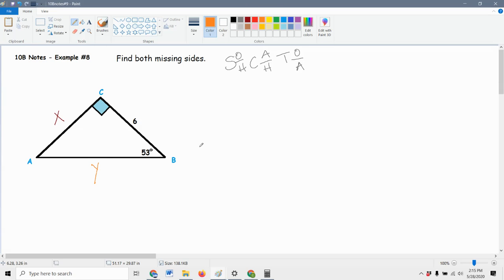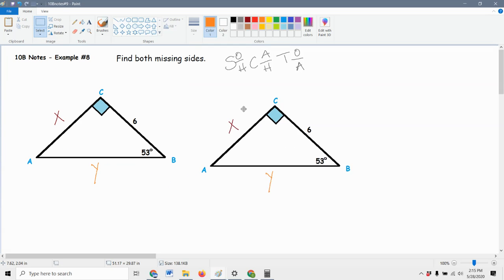Now, here's what I want you to do when you're doing problems like this. I actually want you to draw the triangle again. Luckily, I'm on a computer program, so I can just copy it.